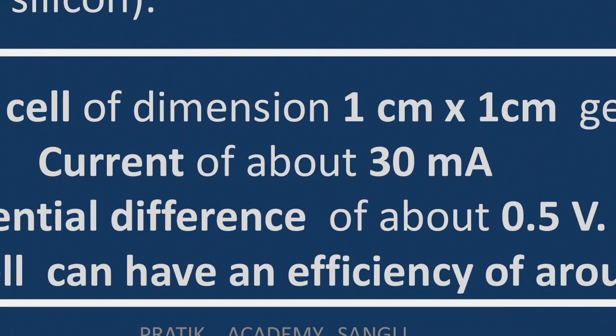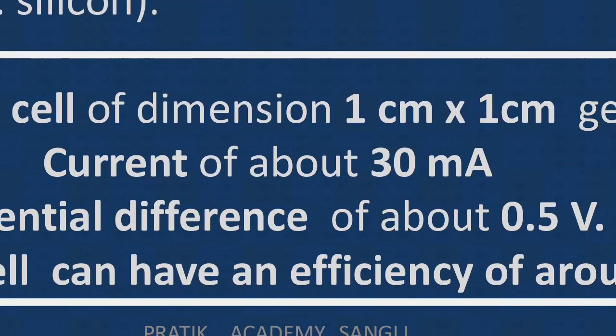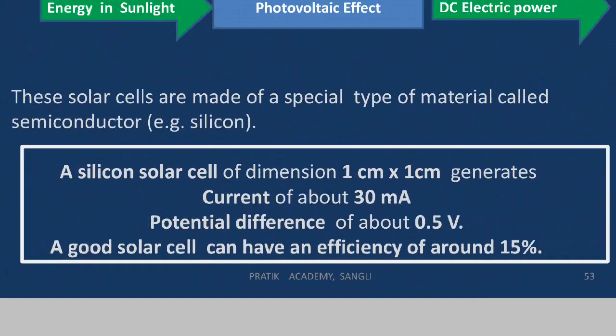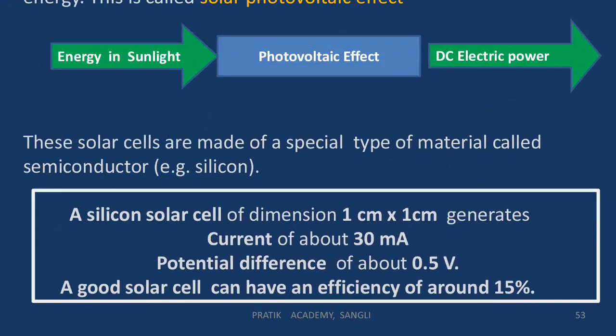This is the capacity of a small 1 centimeter by 1 centimeter solar cell. And if we get an efficiency of about 15%, then these solar cells can be considered good. So 15 to 16% is considered a very good efficiency in case of solar cells.